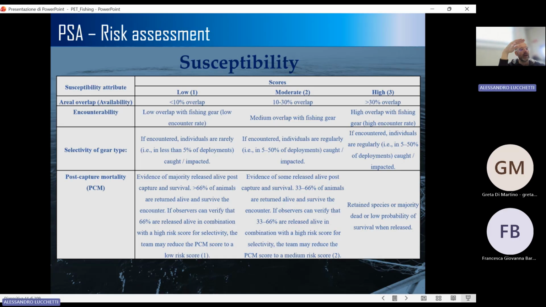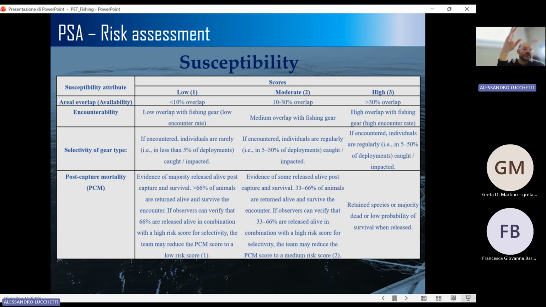The areal overlap, the first attribute, between the dolphins and, let's say, the longline is really high, because longlines are using the same area where you can find the dolphins. But the selectivity of the gear is really low, because the probability to catch a dolphin with a longline is practically 0. Therefore, in this case, we have a very low selectivity, and you can score this like 1.